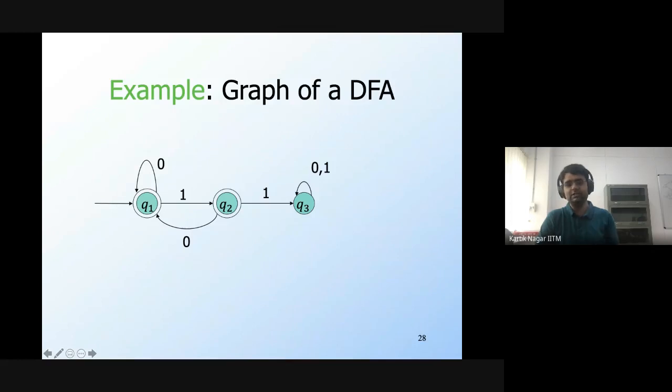Just give me one string. For example, let's take the string 0. Is it accepted by this DFA?